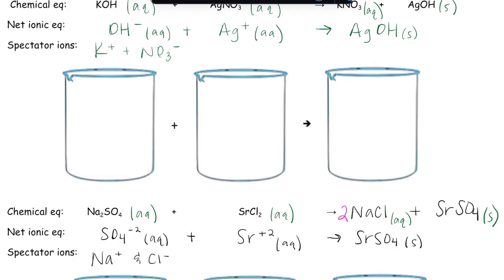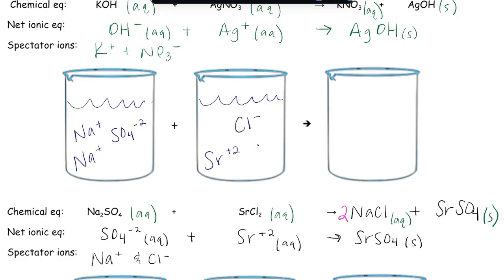All right, let's draw this. So this one, when I have Na2SO4, because I have 2 sodiums for every sulfate, I want to make sure I draw 2 sodiums and 1 sulfate. For my next beaker, I have 1 strontium for every 2 chloride ions.